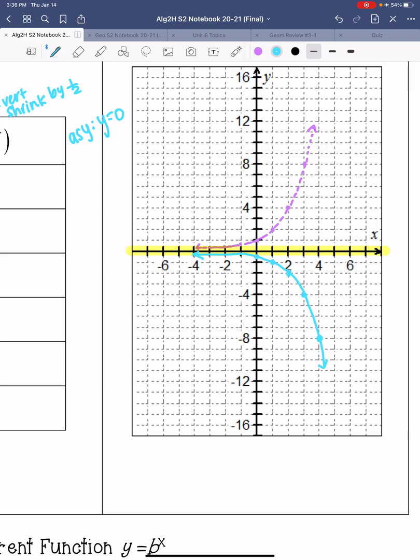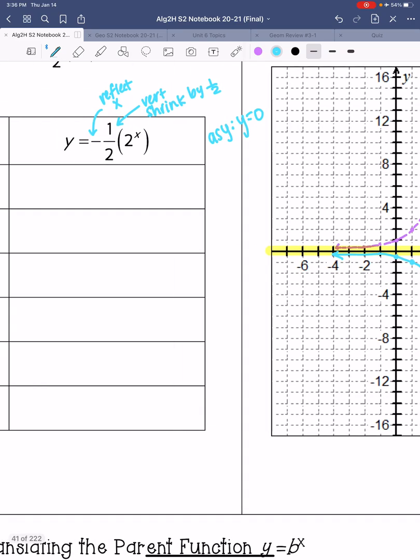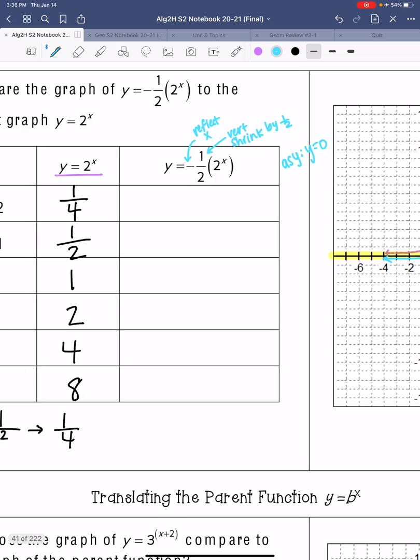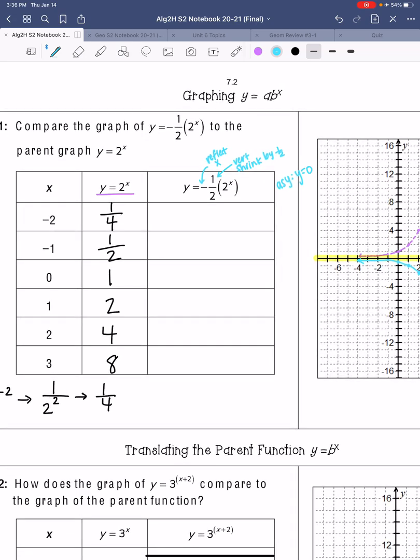All right, let's go ahead and show that we could have used a T-chart for this whole thing. So again, we're just going to plug in and then multiply it by -1/2. So we already know right here, 2 to the -2 is 1/4, and then we need to multiply 1/4 by -1/2, which is going to give me -1/8. So you're pretty much just taking all of these numbers right here, and we're going to multiply by -1/2.